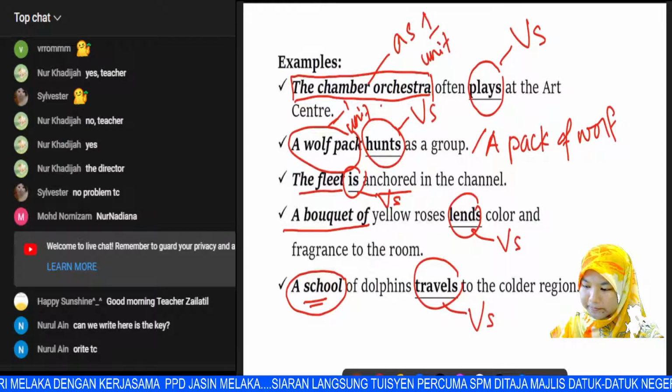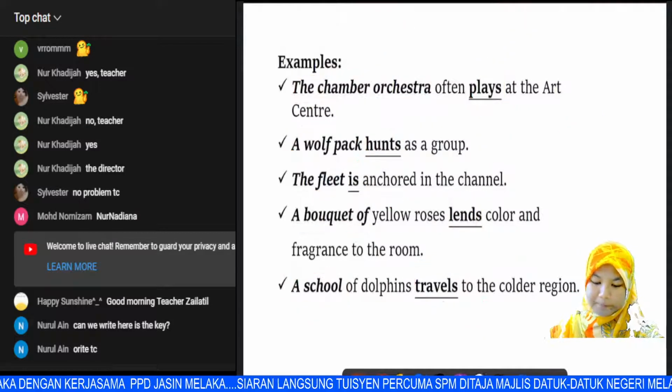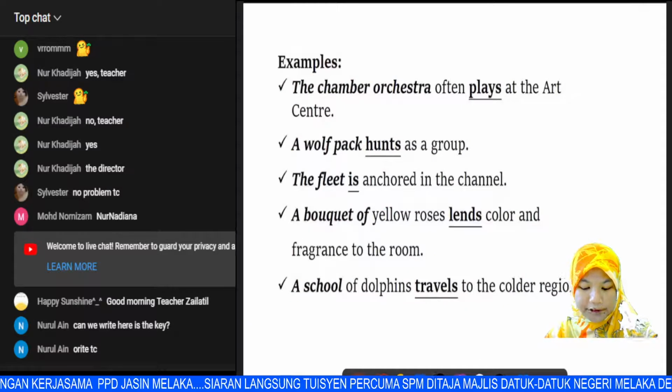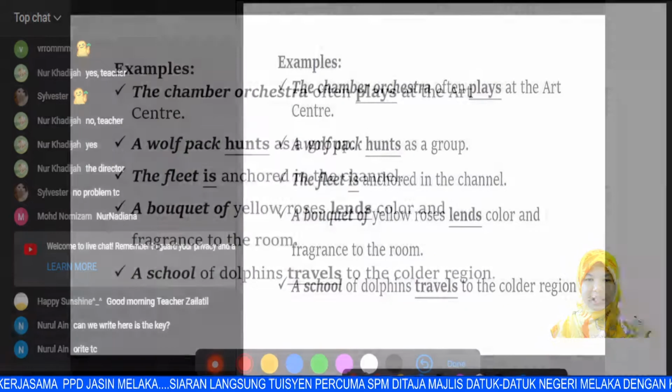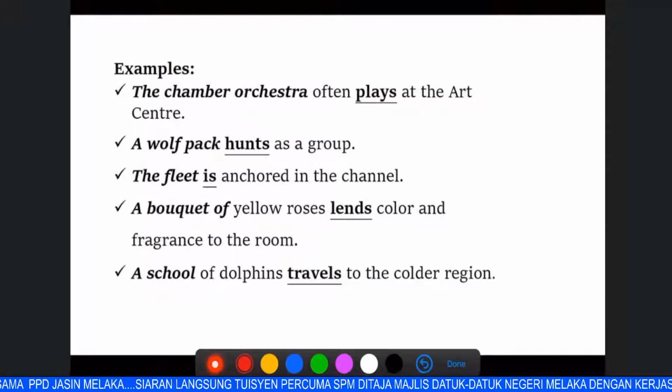Okay, let's see some other rules. For a collective noun, just now the members acted as one unit. Now, if the members of the collective noun perform as individuals, we change the verb to a plural verb.